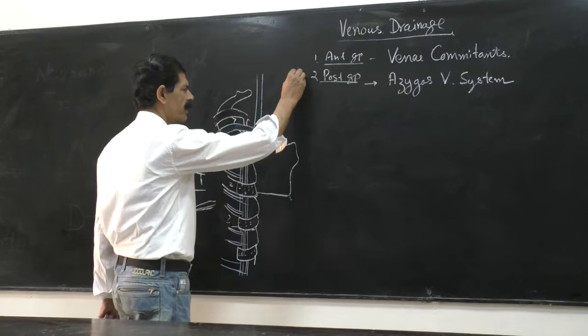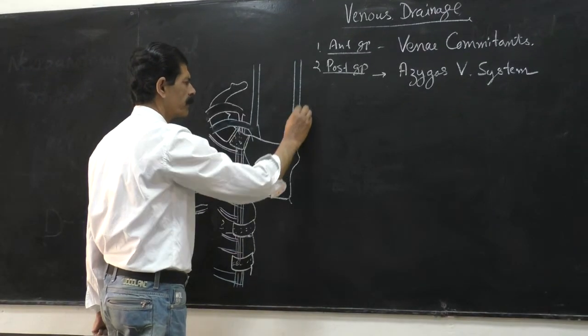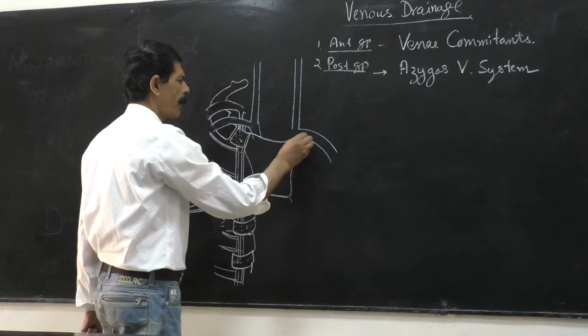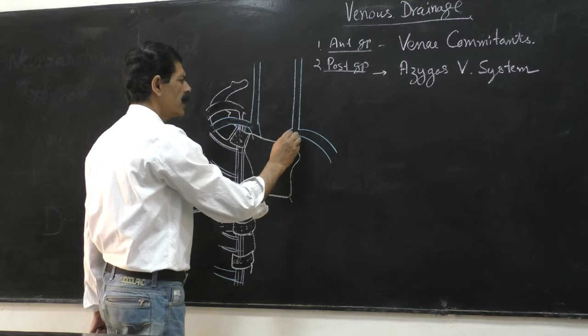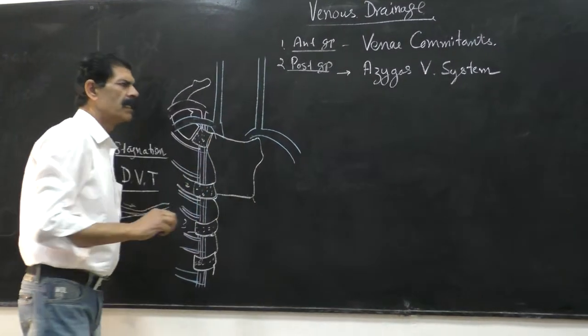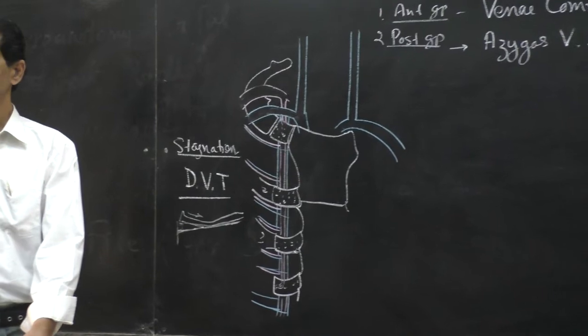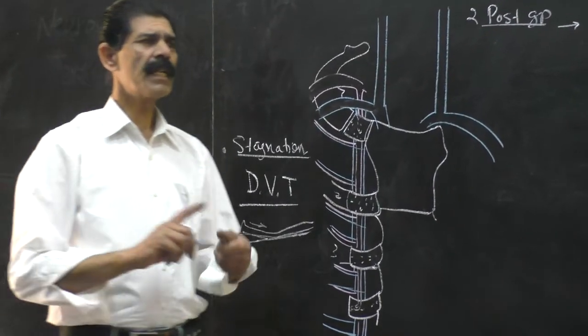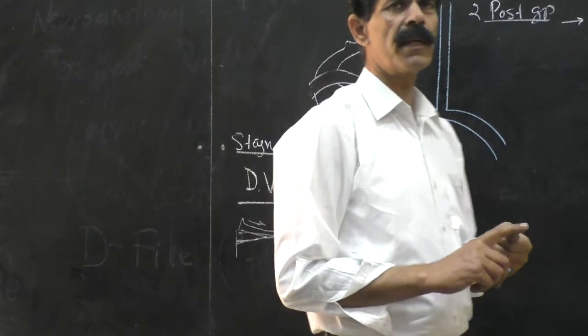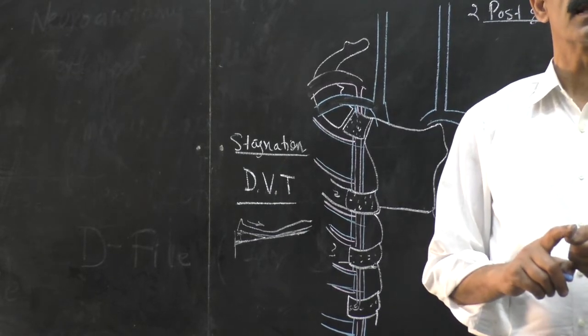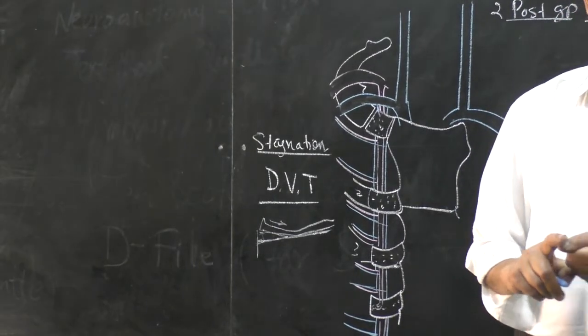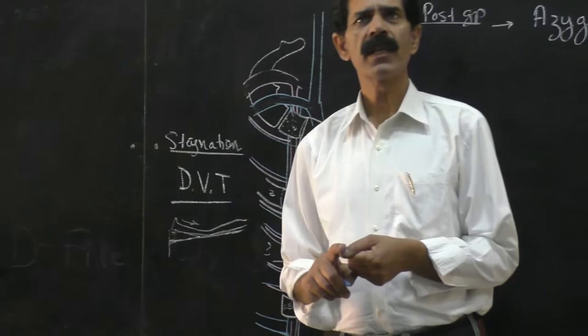Similarly, on the left side, the left internal jugular vein meets with the left subclavian vein to form the left brachiocephalic vein. Right and left, both brachiocephalic veins ultimately unite to form the superior vena cava. Two vena cava are there, superior and inferior.